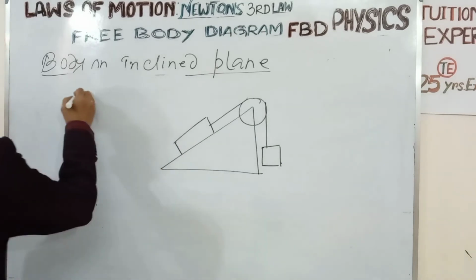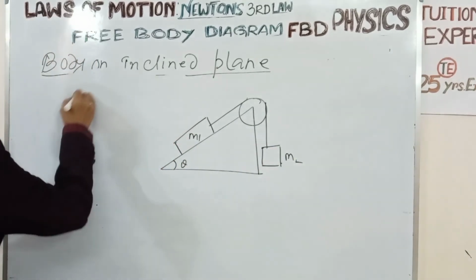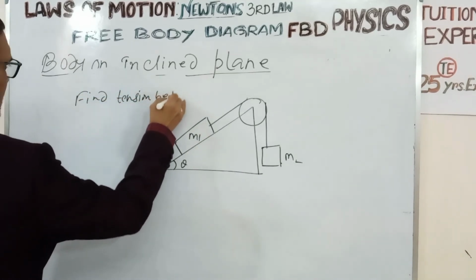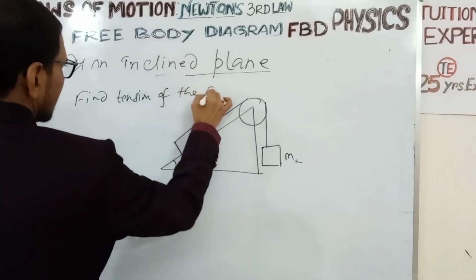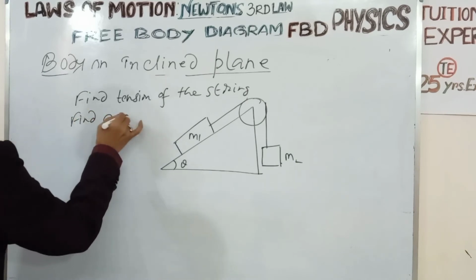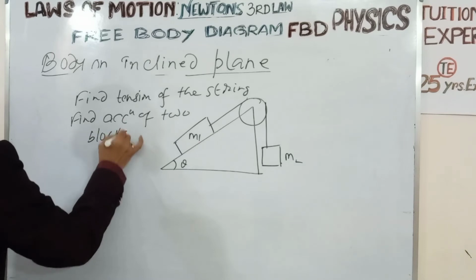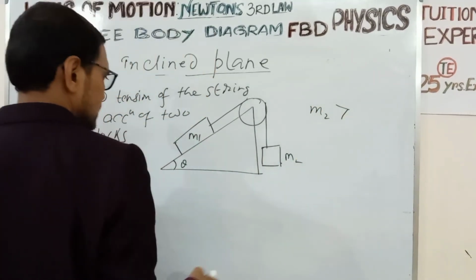Now here also, this angle is theta, this is m1, this is m2. Find the tension of the string and find the acceleration of the two blocks, given m2 greater than m1.